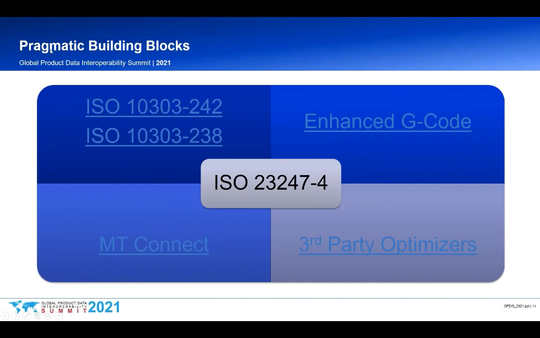So just to recap where we're at a little bit, if we're talking about a pragmatic solution, we have building blocks, and the building blocks are allowing us to get the value we need with the machines that we have. The first building block is allowing our data to flow through our systems, and we're leveraging 242 for our CAD data.